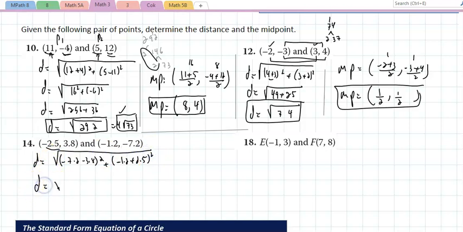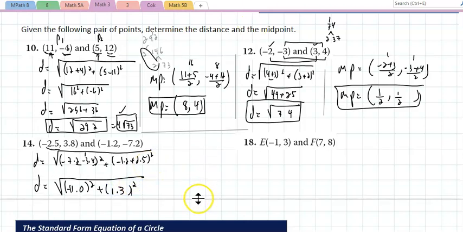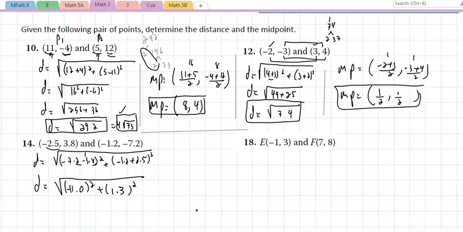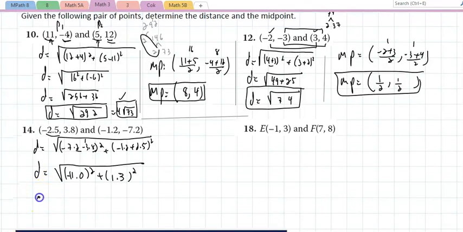The distance would be the square root of negative 11 squared, plus, if you subtract those, 1.3 squared, so the square root of 121 plus 1.69.